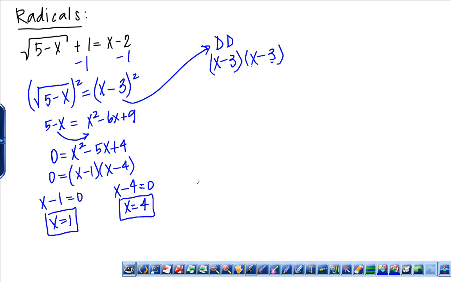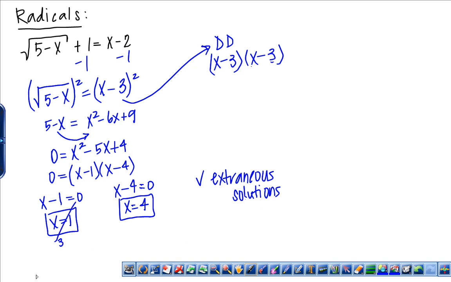Okay, again, check for extraneous answers. I can't stress that enough. If I plug in a 1, 5 minus 1 is 4. Take the square root, that's 2 plus 1. That would be 3. So let's write that down, 3. 1 minus 2, that's -1.